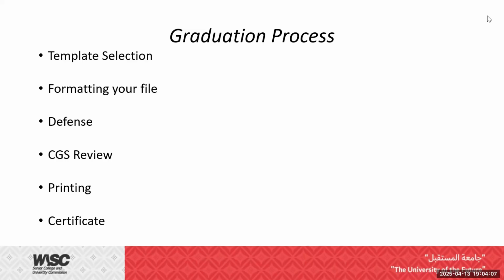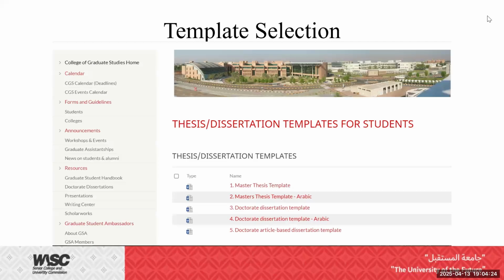After that, CGS will send your file to the printing office where you can get the hard copies and distribute them so that you can receive your certificate. So this is basically the graduation process.